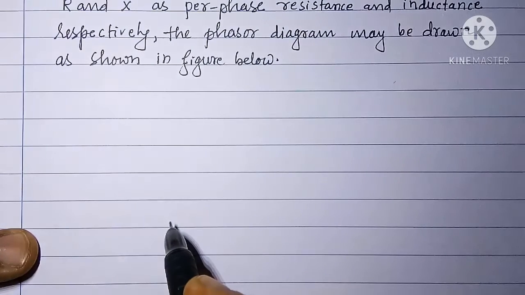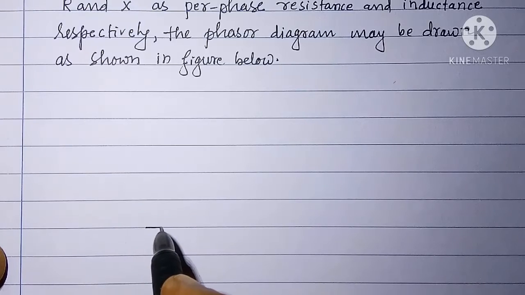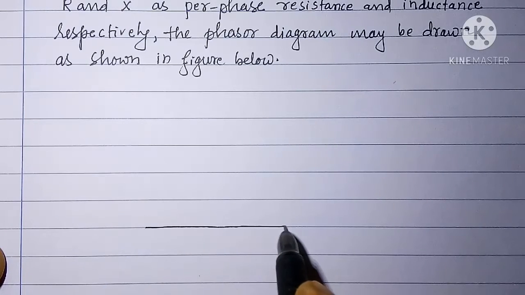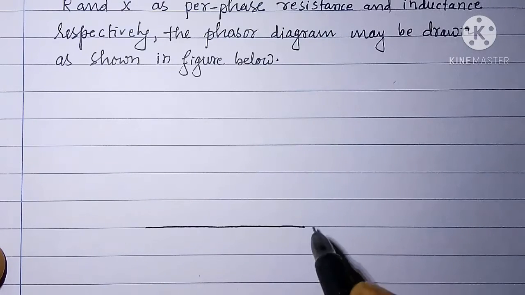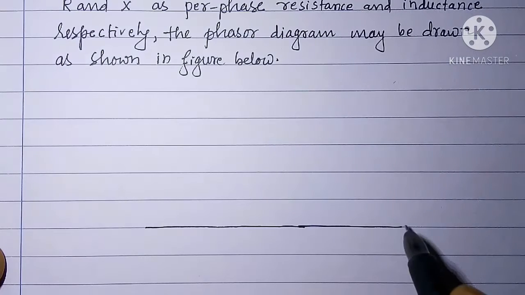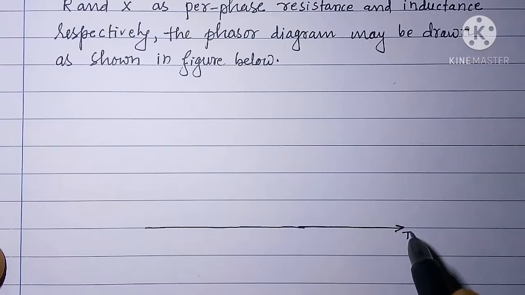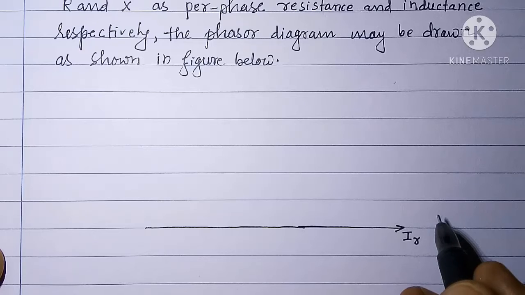So first what I will do is I will take receiving end current as reference. So this is IR now. Say receiving end current lags the receiving end voltage by an angle of phi r.